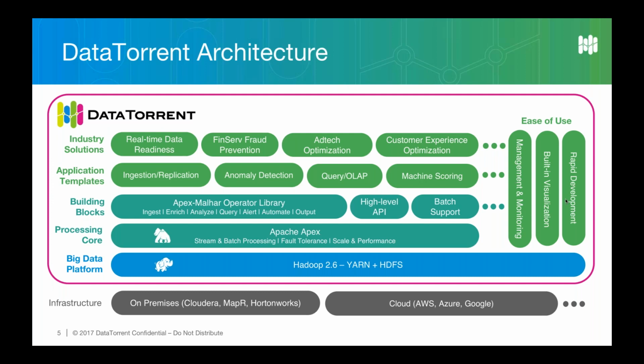So those are the tools that DataTorrent has developed and has made available for the last 2 years. I'll also show in my demo the tool that I'm talking about, the management and monitoring tool.